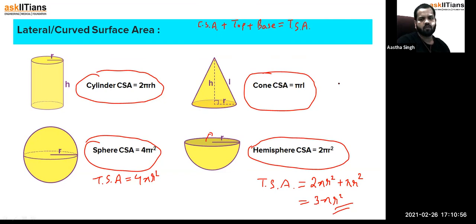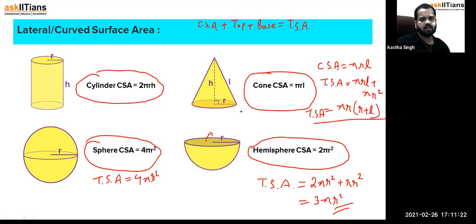So in the case of a cone, the CSA is given as pi R L. Your total surface area will be equal to pi R L plus pi R square, the area of the base. The area of the top is nothing. So pi R is common: pi R (R plus L). This is the total surface area of your cone. I think the point is clear, and we'll do several questions on it so the point will be much clearer then.